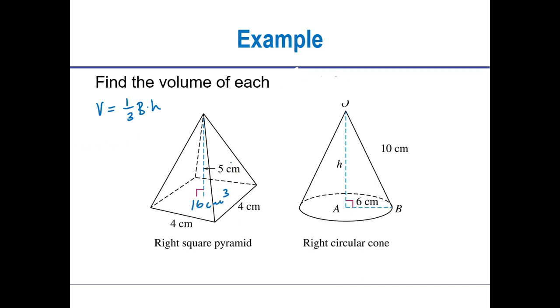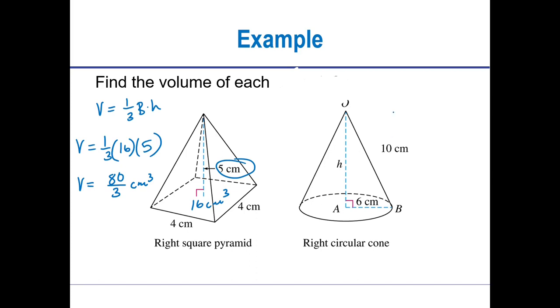The height is going to be 5 centimeters. It's given here. So the volume is equal to 1/3 the base, which is 16, and the height is 5. So the volume is equal now to 80 over 3 centimeters cubed. This is the volume of the pyramid.